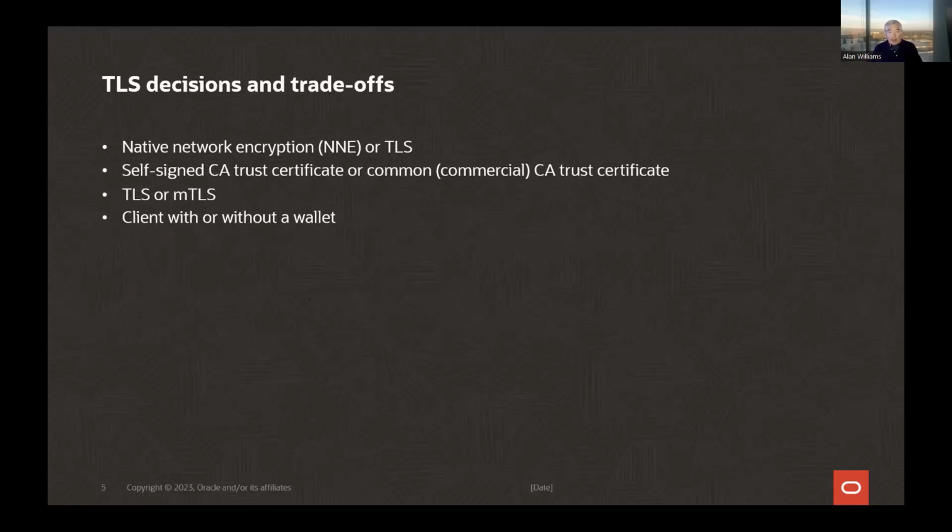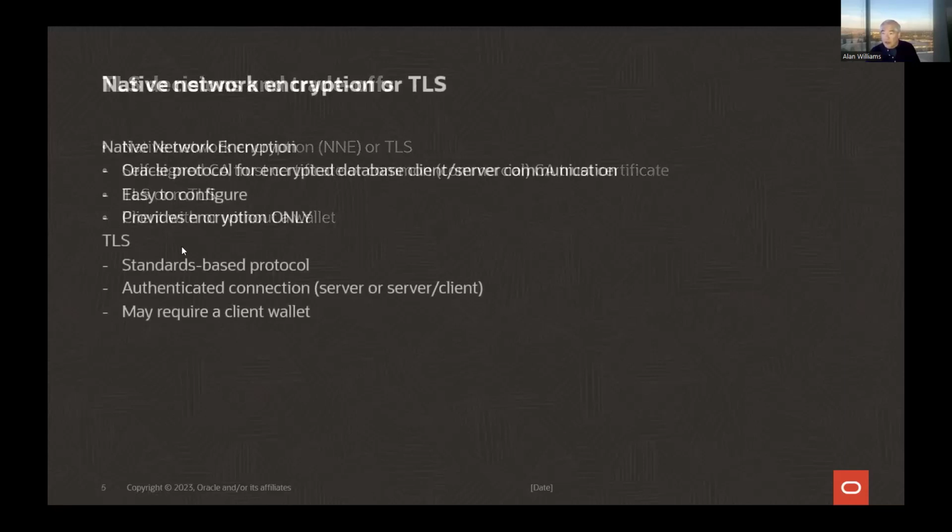Is it going to be self-signed within the organization, or a common root signed by some company like DigiCert or VeriSign or Symantec? You decide whether it's going to be one-way, which is what you get when you say TLS, or mutual TLS, where both sides authenticate to each other, and whether you're going to use a client with or without a wallet. Those are some things we'll get into in more depth.